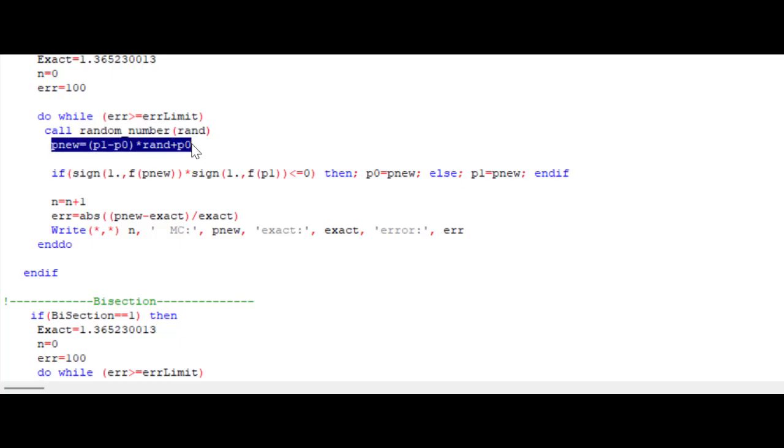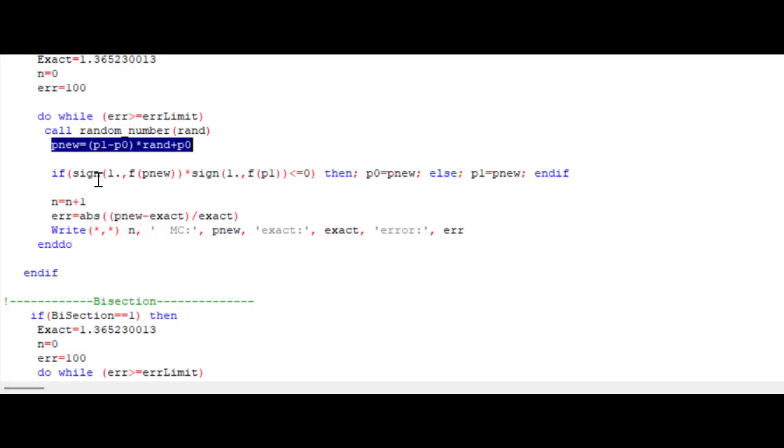This relation here maps the generated random number, which is something between 0 and 1, into the interval between P0 and P1. For example, if the generated random number equals 0, the P new will be P0, and if the generated random number equals 1, then the new value will be equal to P1.